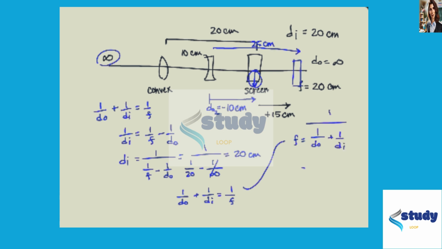And then make sure, again, that you are plugging in dO to be negative 10 centimeters. And then our image is, like we said, 25 centimeters away. And this gets us a focal length of about 17 centimeters.